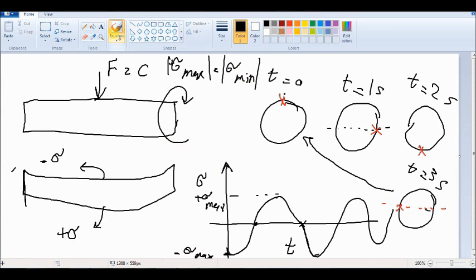That means here I would say that this negative sigma max is equal to sigma min.